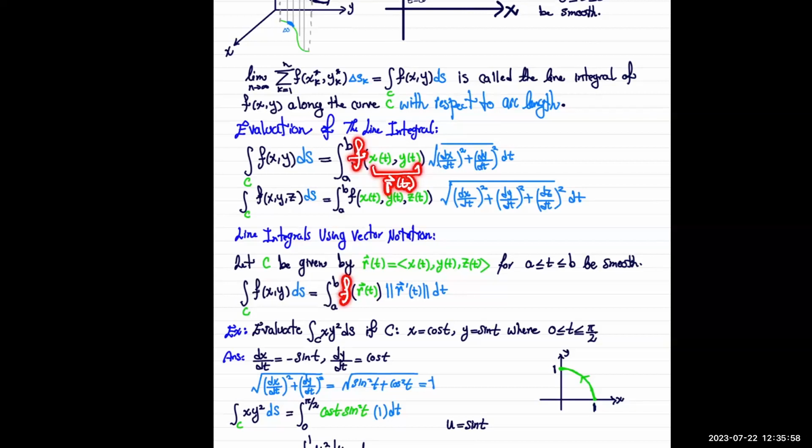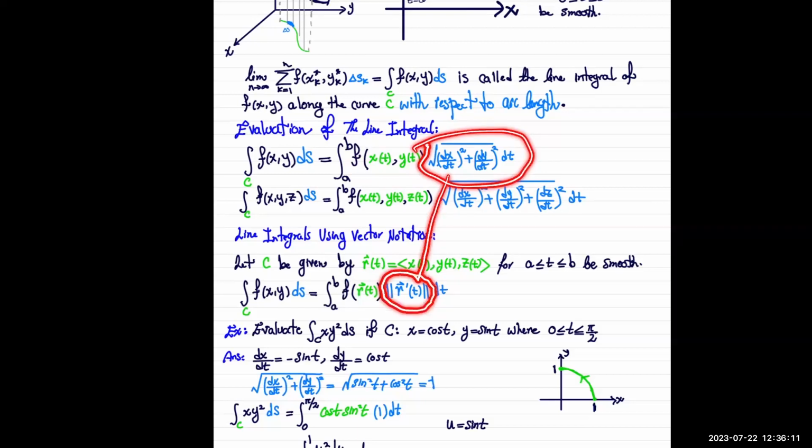That can be seen down here, f of r of t. And once again, this thing here is just the magnitude of r prime, right? That's the magnitude of r prime dt.